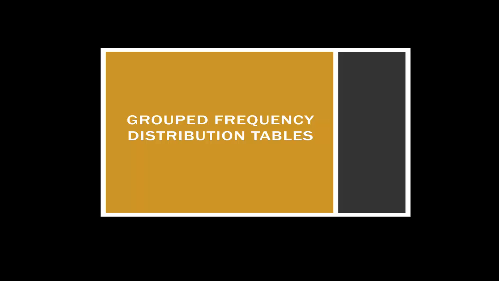So when you have a large range of x values, you want to use a grouped frequency distribution table instead. As opposed to listing each individual score, you're going to break those scores into intervals or groups. For instance, instead of having a row for 20, 21, 22, 23, 24, 25, 26, 27, 28, and 29, you could just have one group from 20 to 29.